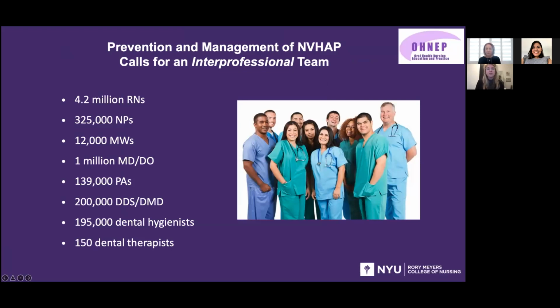So prevention and management of NVHAP calls for an interprofessional team. Dental and non-dental providers all have significant contributions that they make in caring for their patients, thinking about screening, patient education, patient counseling, and management of the effects of any treatments they're in.